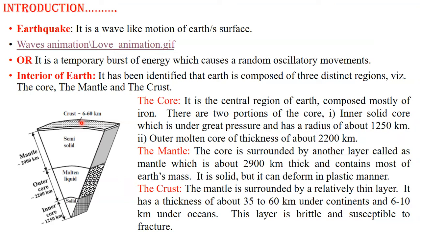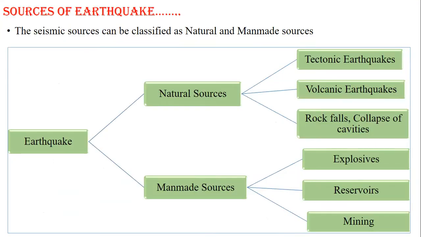This layer is brittle and susceptible to fracture. This crust and this mantle, which can deform similar to a plastic material, these two layers are mainly responsible for earthquake. Thus these are the three layers of Earth's interior: the core, the mantle and the crust.